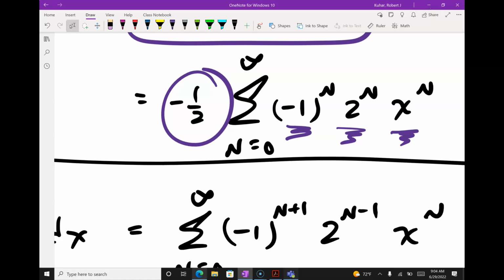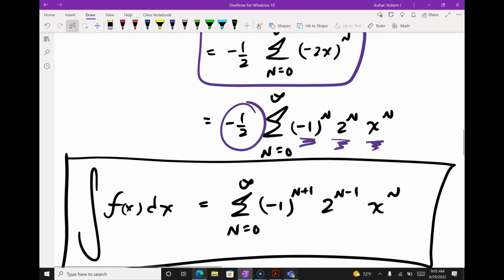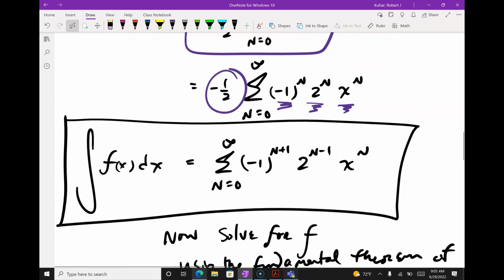So the -1 goes to n plus 1. Another factor of 2, but in the denominator, so I'm going to lose a factor of 2, so n minus 1. And that's a pretty good spot to get to, right? Pretty good, because then all I have to do now is take a derivative, right?